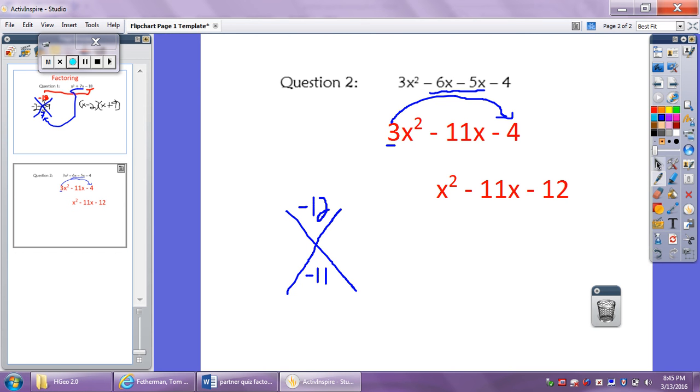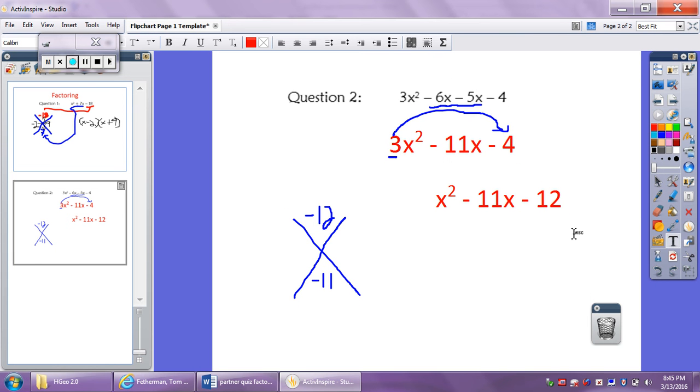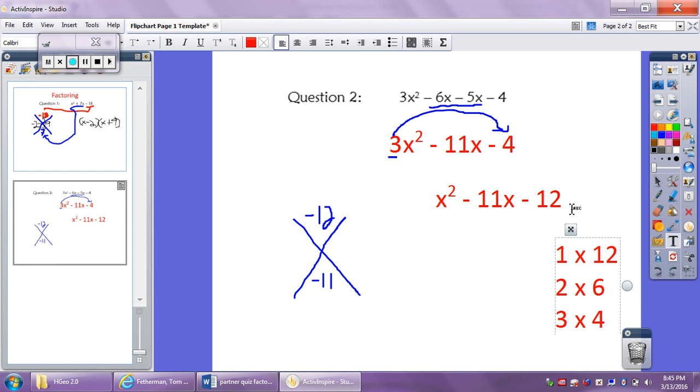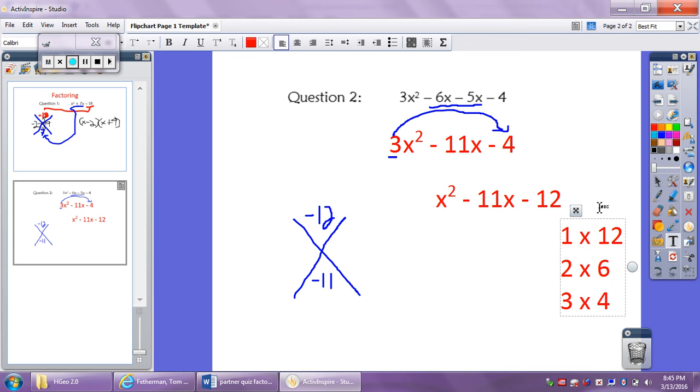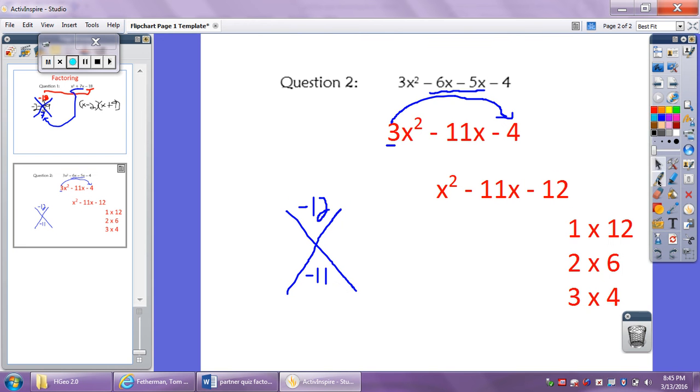Well, I know that for 12 I have 1 times 12, 2 times 6, 3 times 4. So these are my different factors that I can choose from. And to make it negative, I know that one of them has to be negative.